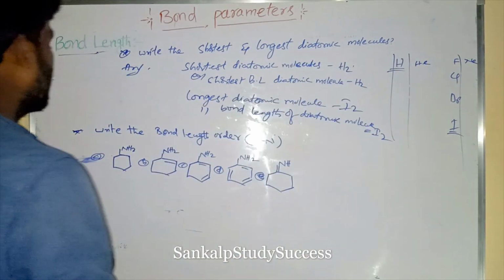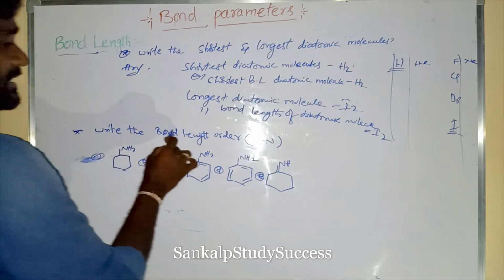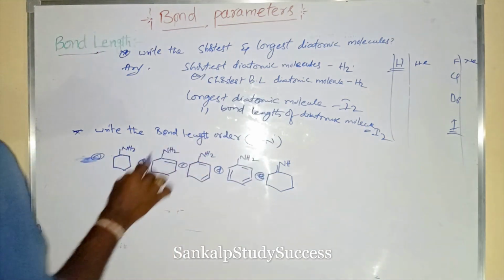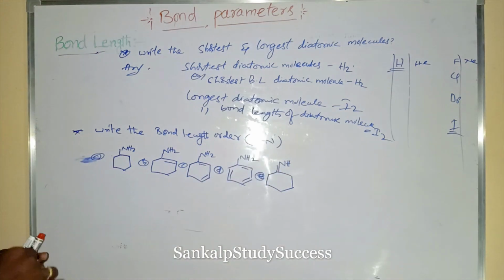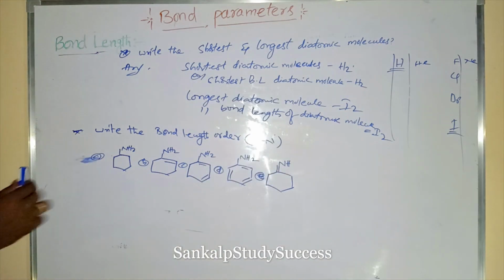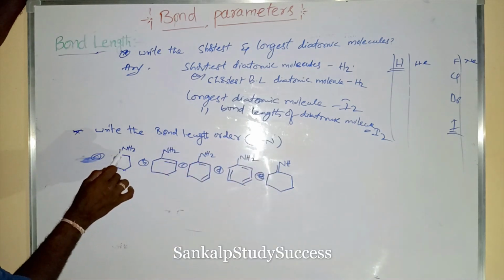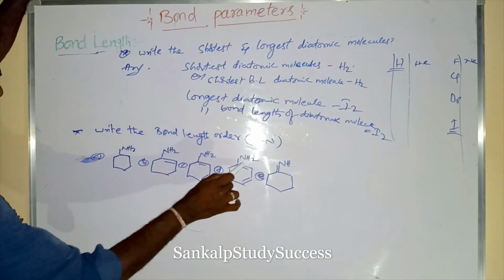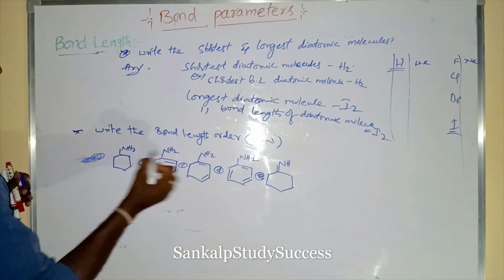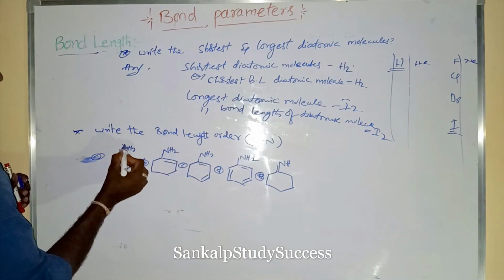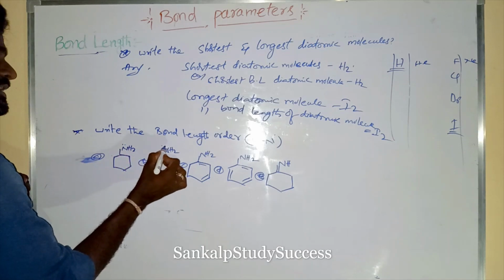Now let's go to another question. Write the bond length order of C–N in the following. Here we compare the bond length of C–N. In these structures, nitrogen is present containing a lone pair.